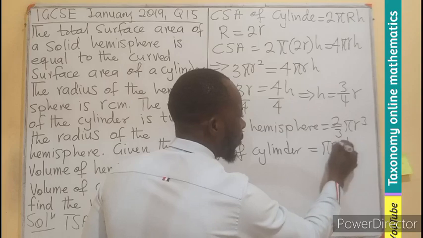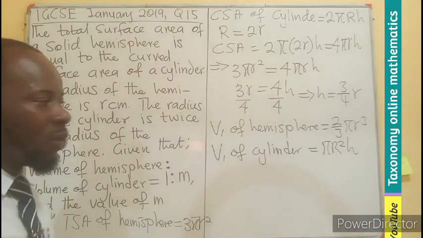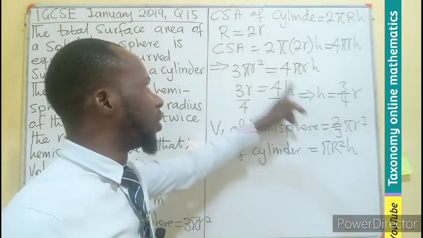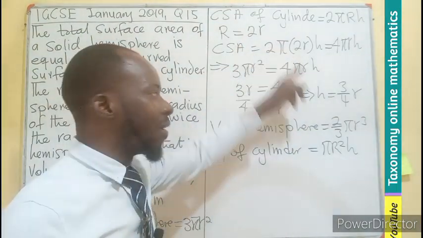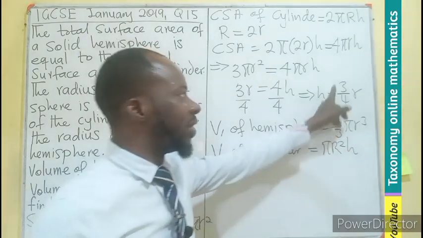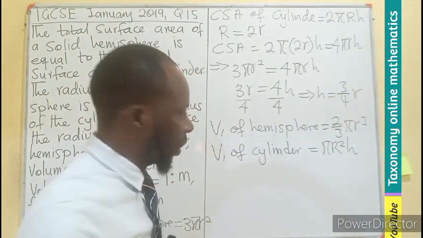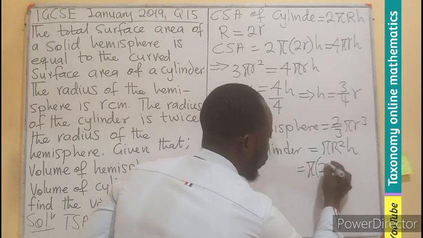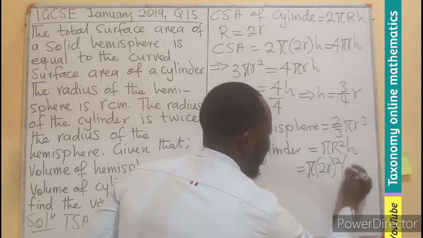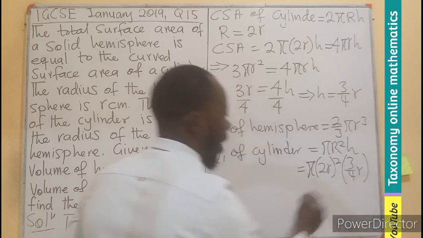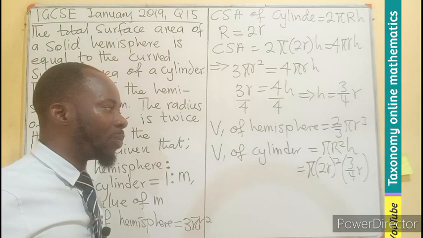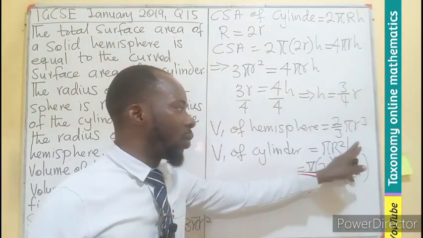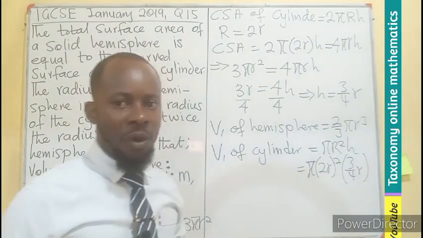Let me replace that with the capital R we are working with, which could also be changed back into 2r. The h will also be changed in terms of r by substitution. So pi times 2r all squared times 3 on 4r. We are only replacing the capital R with 2r, and h with 3 on 4r.